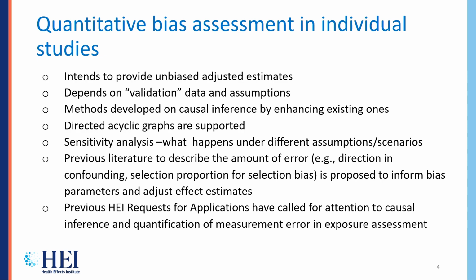And this is an indirect way of addressing the impact of these biases. Other potential ways include a review of the literature to get some information on the potential magnitude of this bias, and then use this literature-based information to correct our effect estimates.